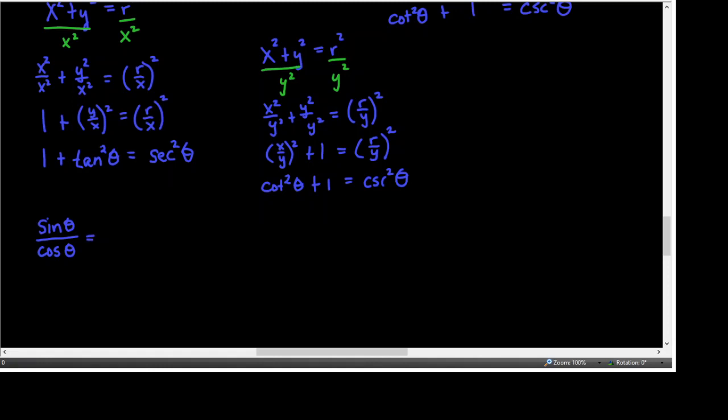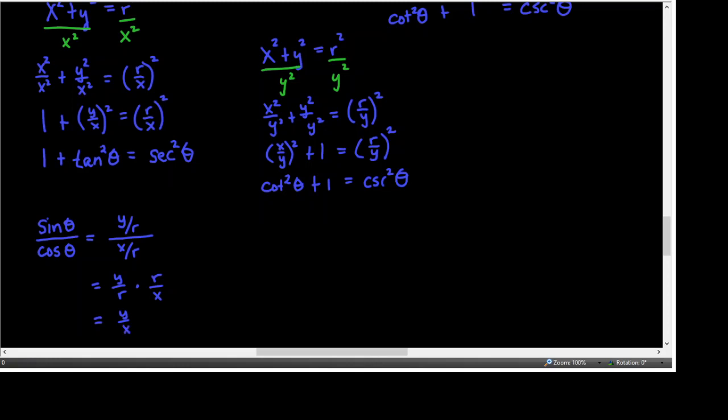Well, by definition, sine of theta is y over r, and cosine of theta is x over r. That's a legal substitution. We can do that. And to divide fractions, you take the numerator fraction and multiply it by the reciprocal of the denominator fraction. In this case, the r's cancel out, leaving y over x.